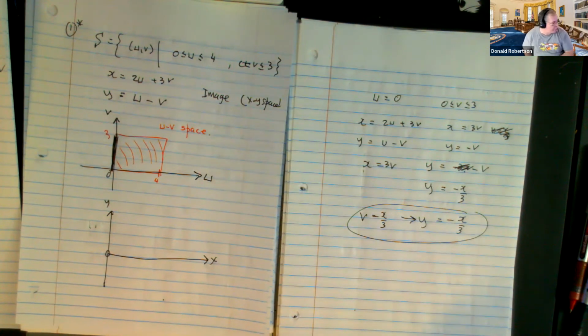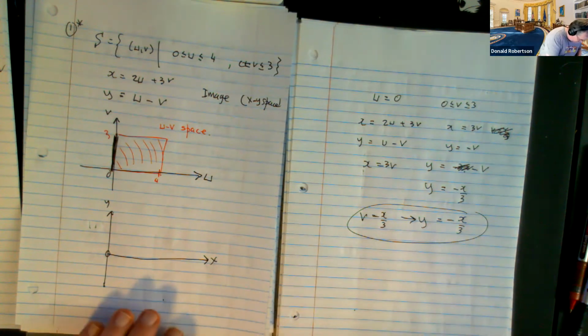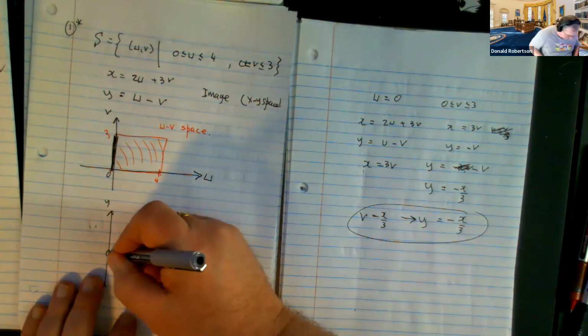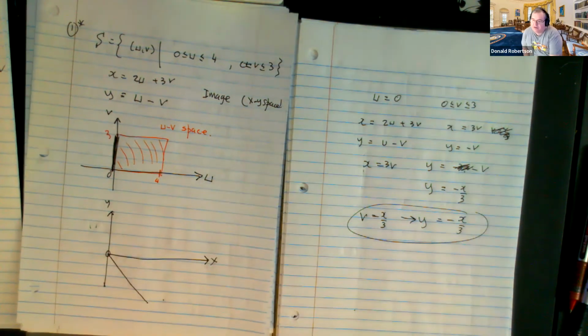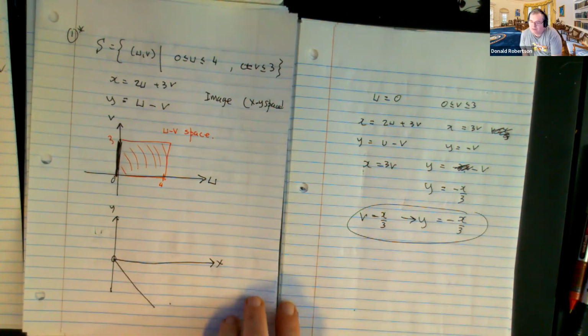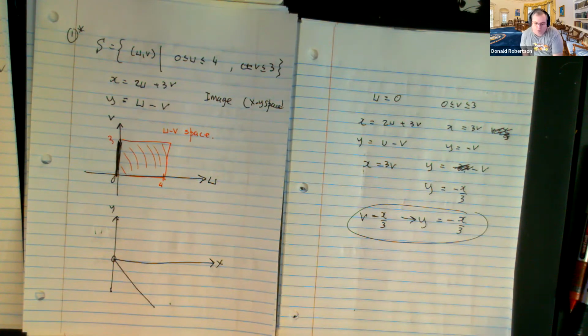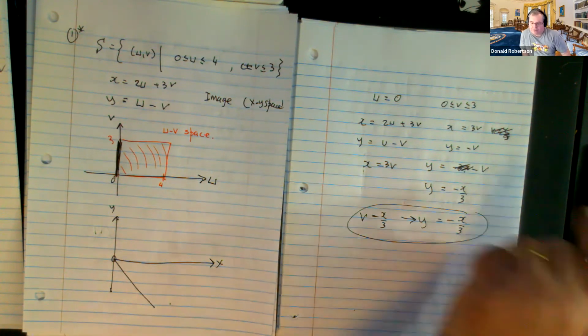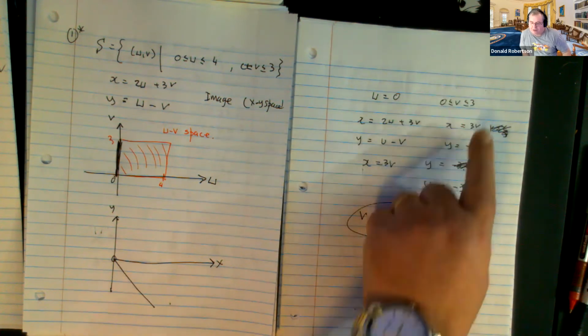Right, so we know that we're going to be looking at a line y equals negative a third. So basically we're picking a line that's roughly in that direction, agreed? It goes through the origin, slope is negative 1/3. Now, it can't go on forever, doesn't it have to stop somewhere? So how do we know where it stops? Well, if v goes from 0 to 3, what does that mean that y does?